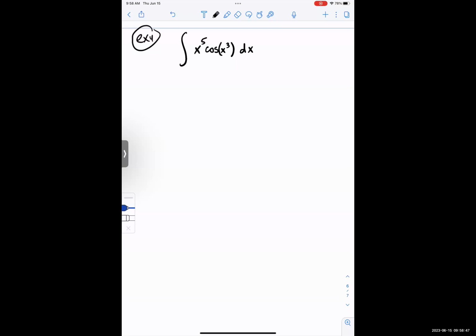So again, I brought up this example to show you that sometimes it's not as easy as, oh, I get x to 5 as my u, and then du would be the cosine x to 3. And again, how do I know? By practice.